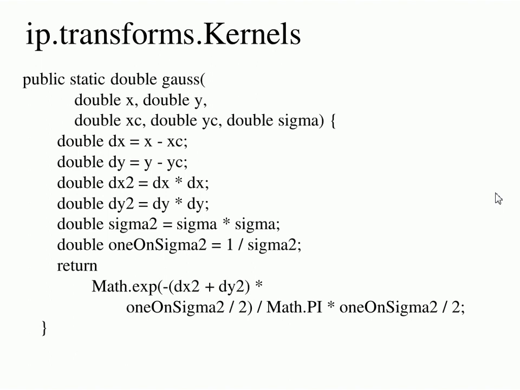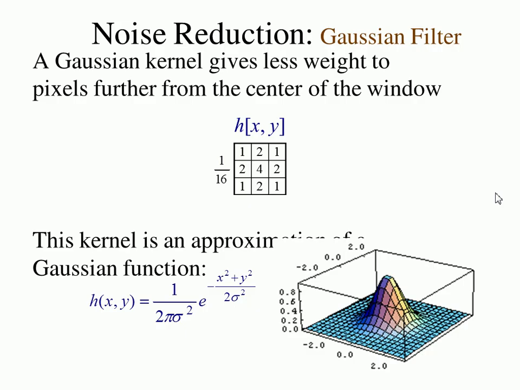So then comes the question, all right, how do I implement all this good stuff? Well, this is how I go about coding a Gaussian function. Let's go back and look at it for a second. Here's the Gaussian function right over in here. You can see it's an exponential.